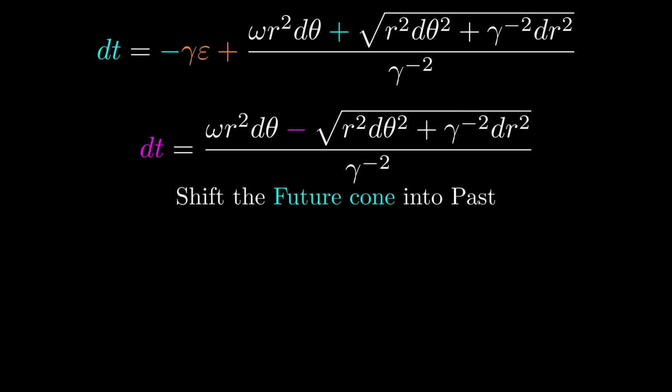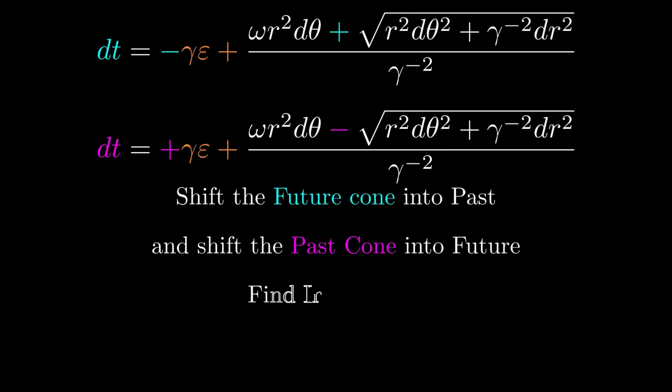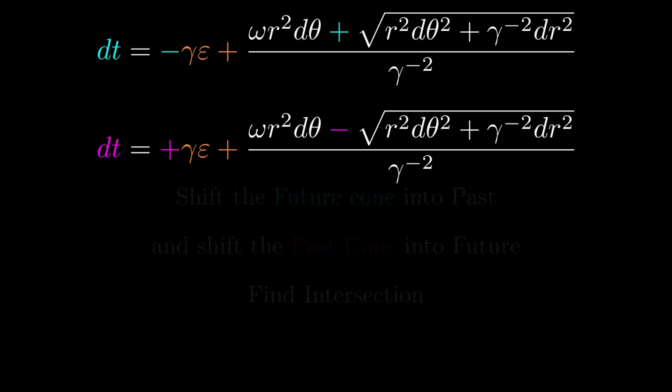Therefore, we need to shift the future cone into the past by minus gamma times epsilon, and the past cone into the future by plus gamma times epsilon. Right. So, the intersection of the cones defines the simultaneous moments and the spatial distance. From here on, we simply solve this pair of equations.